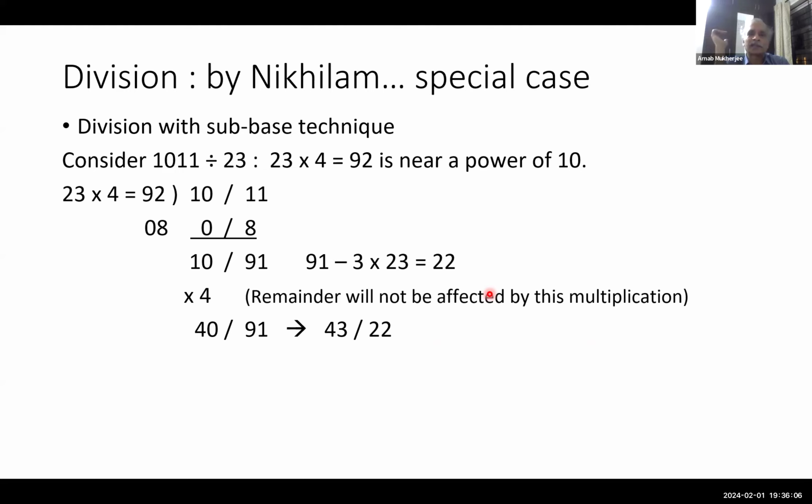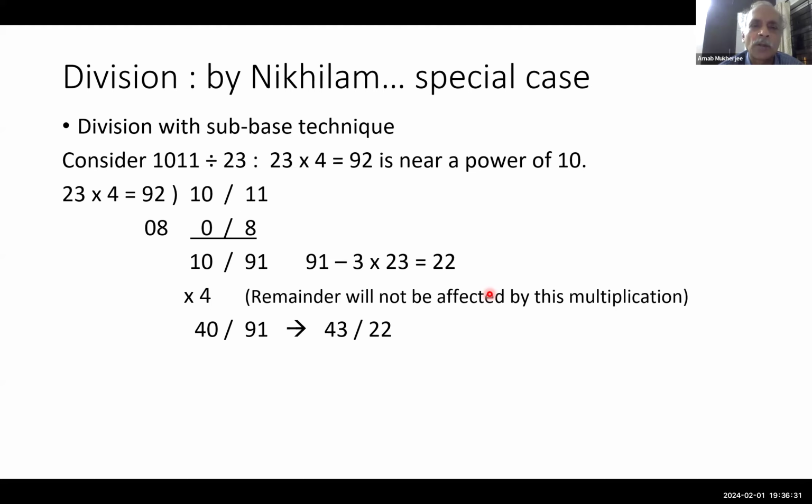Again, the sub-base technique comes here. In those kinds of cases, there will be sub-bases also. So I consider 1011 divided by 23. Now you find that 23 into 4 is 92. You have to find which multiplication of something goes near a power of 10.